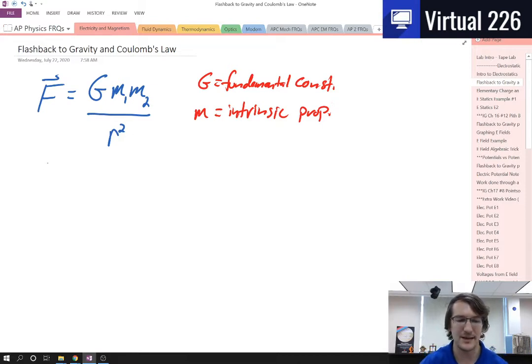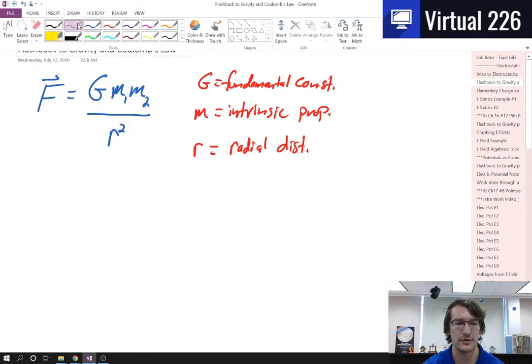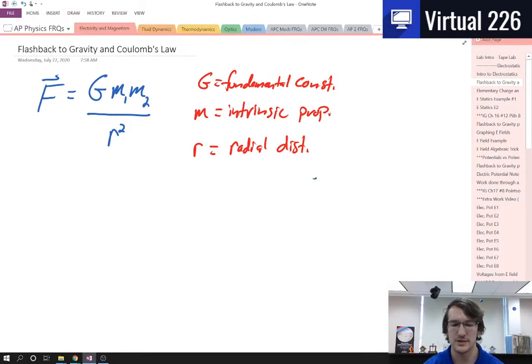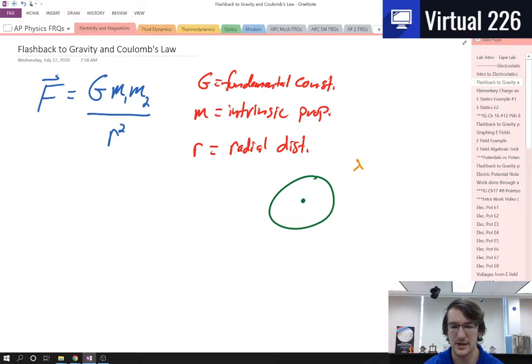Okay. And last but not least, we have this value r in the denominator, which we are squaring, and r represents a radial distance. It represents how far away you are from the center of mass of some point. If you recall last year, whenever we were doing these types of problems, we'd say, if here's the Earth and you are out at some point in space and we want to know the force due to gravity, we won't just take from the surface of the Earth out.